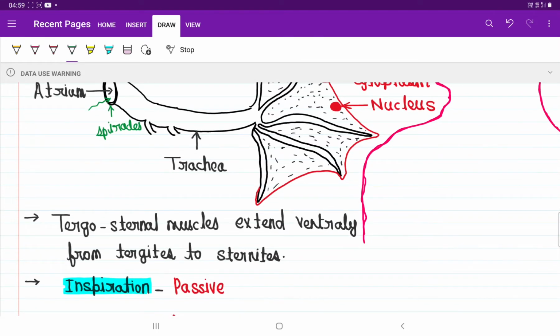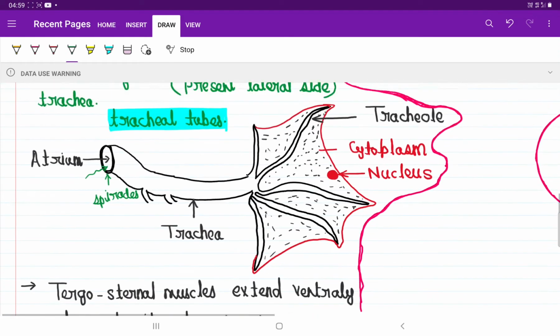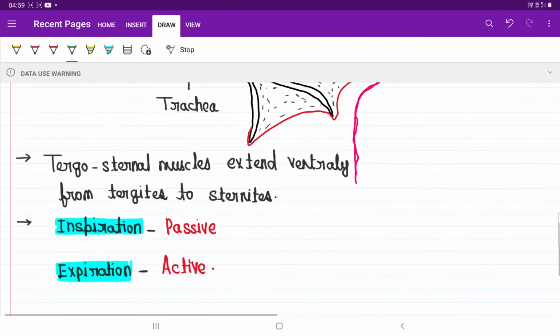Tubulosternal muscles extend ventrally from the tergites to the sternites, and they control movement here. Try to understand it. Tubulosternal muscles are a kind of muscle present in the cockroach, running from the dorsal side to the ventral side.